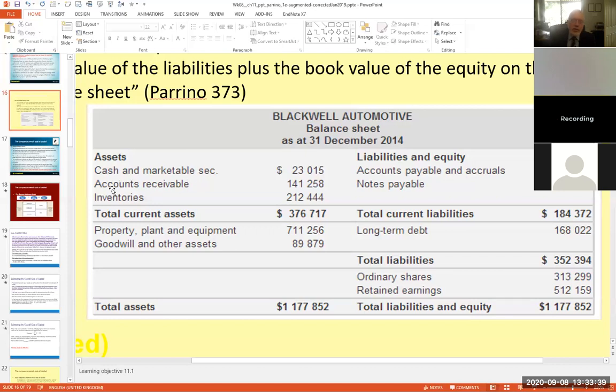Accounts receivable, all part of your working capital, and because an account receivable is where you've sold something on credit, and you're just waiting to the end of the month when your debtor, person you sold it to, is going to pay you back. And the third area of current assets is your stock, your inventory.